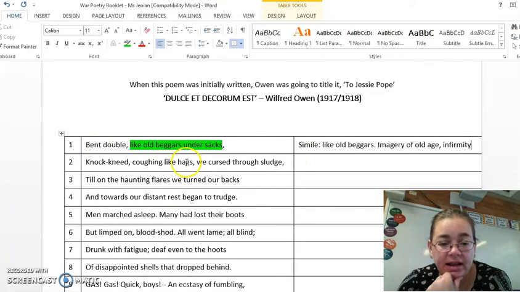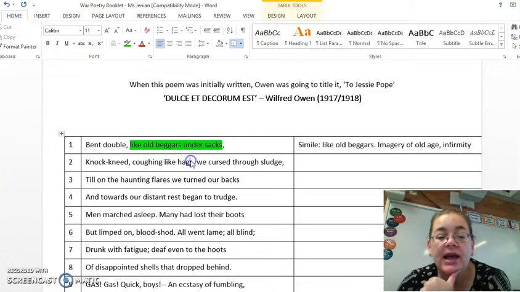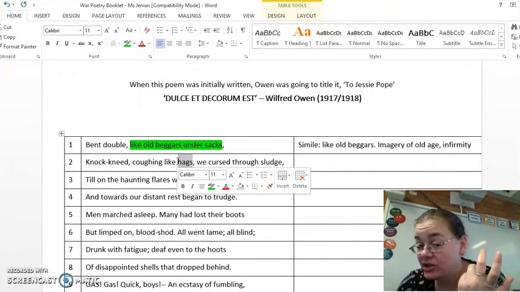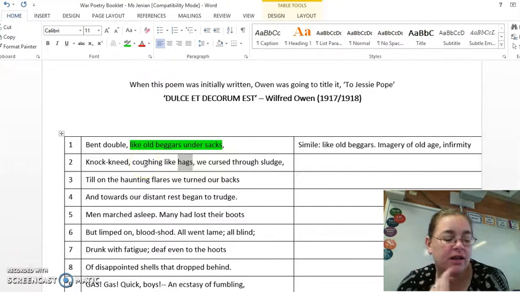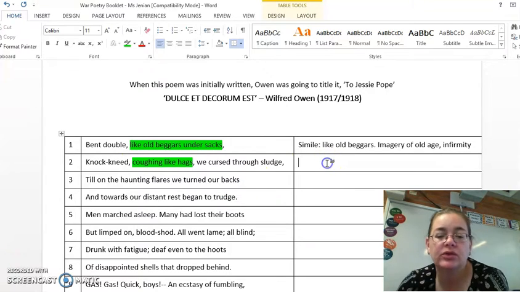Knock-kneed, coughing like hags. So again, another simile, coughing like hags. And hag actually describes an old woman, usually maybe a witch. So obviously coughing in a really unhealthy, unappealing way. So coughing like hags is another simile.